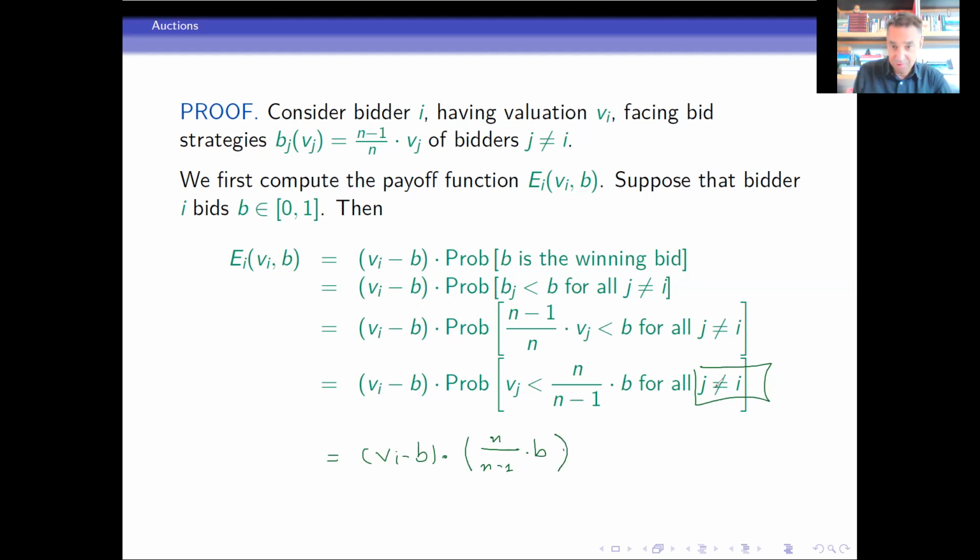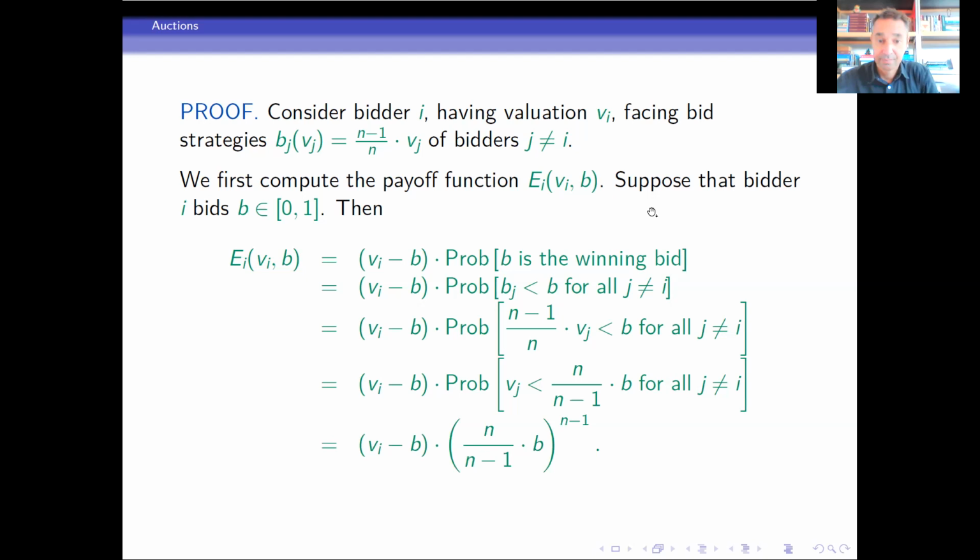And how many j's other than i are there? Well, not n, but n minus 1, because I don't count myself. And that's the expression that we were looking for. You see now I have an expression that only uses things that I know.